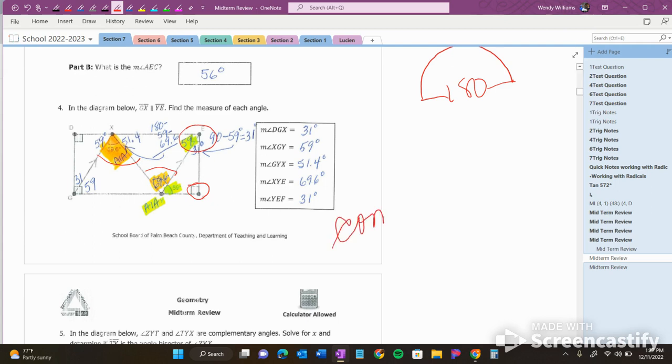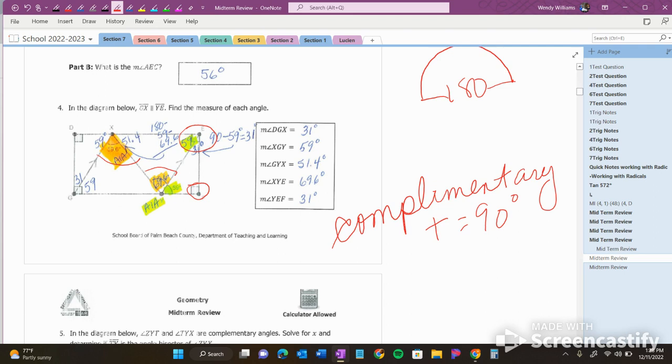Make sure that you remember the word complementary, and that means they add up to equal 90 degrees. If they are complementary and we have alternate interior angles, then we should be able to find the complement. 90 minus 59 is 31.